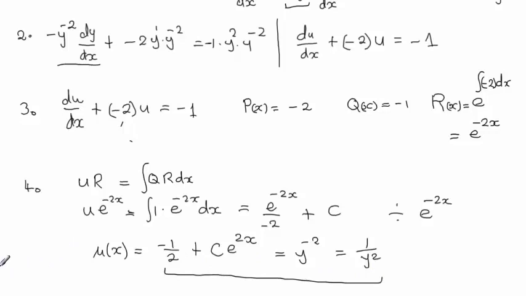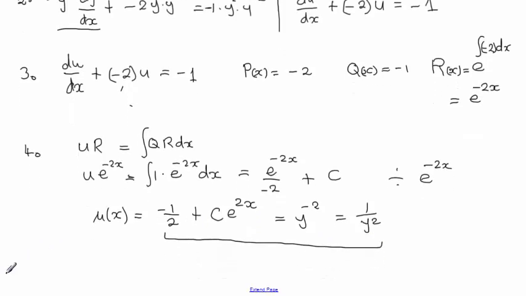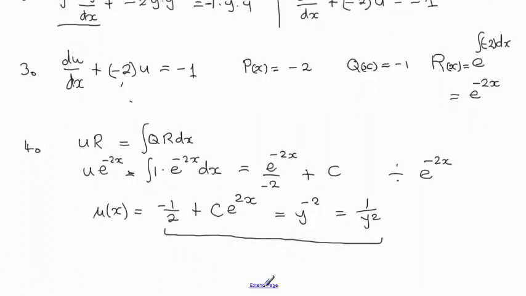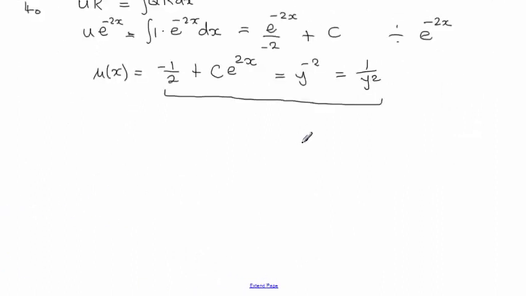So simplifying this, we will simply have y squared equals 1 over minus 0.5 plus c e to the power 2x. I hope you can see what I did is I just inverted this, interchanging the numerator and denominator, and this side the denominator of this whole expression is 1.